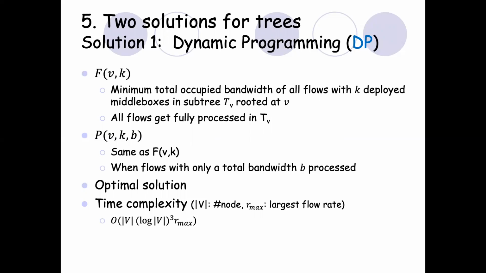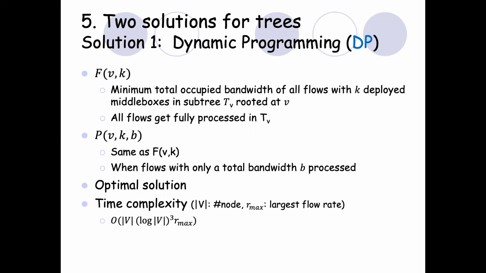It denotes the same value, the minimum total occupied bandwidth of all flows with K deployed middleboxes in the subtree of T_V when all flows with a total bandwidth consumption of B have been processed. It means that part of the flows get processed, not all.